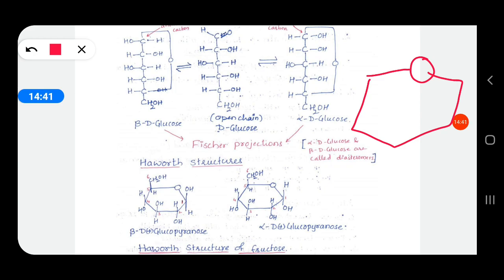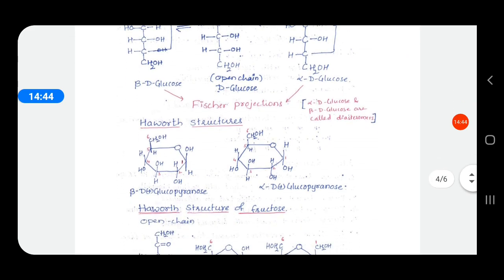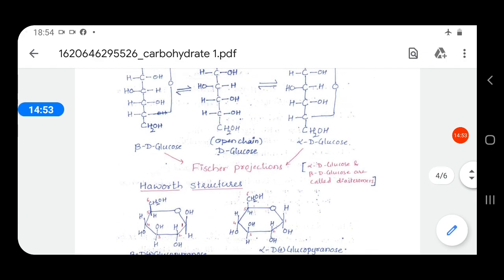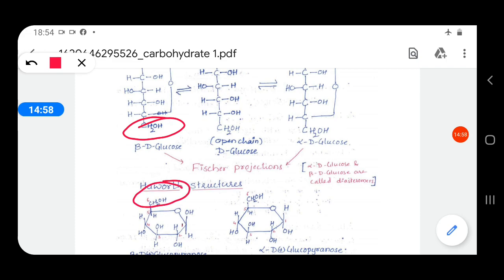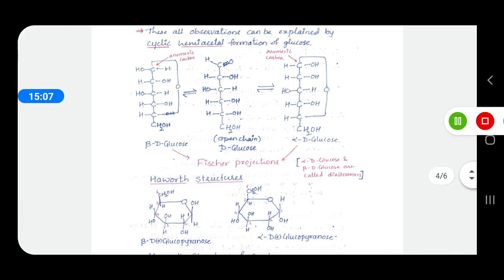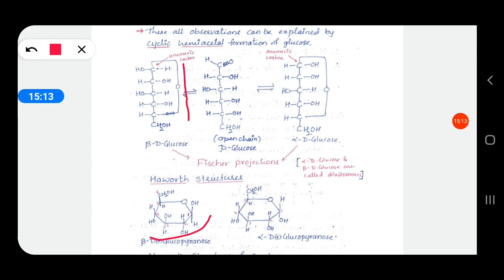So in the Haworth ring, there are 6 carbons: the first carbon, second, third, fourth, fifth and sixth carbons. As we see, the 6th carbon is outside the ring. And how to write the remaining 5 carbon configurations in the ring? The groups present on the right side are written below the plane of the ring, and groups present on the left side are above.